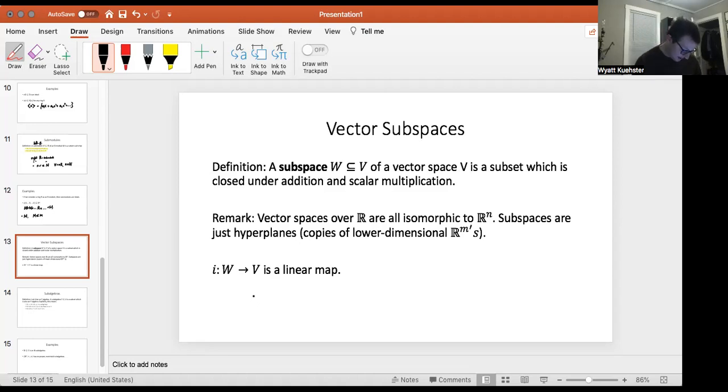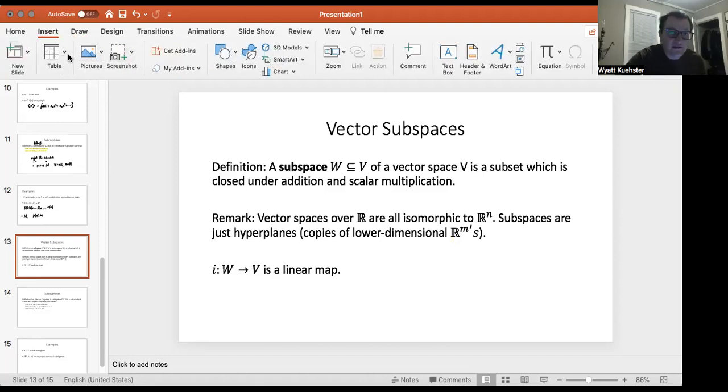So if I have a vector space R^n, which is what all real vector spaces are isomorphic to for some n, they're Euclidean spaces. The subspaces are just the lower dimensional copies of some R^m, where m is less than n. So maybe I should draw an example of this.